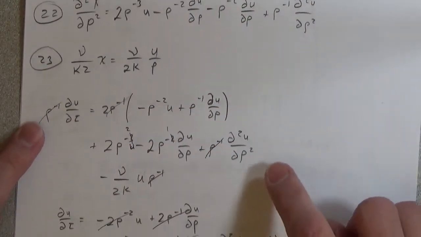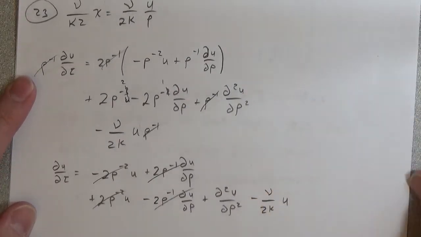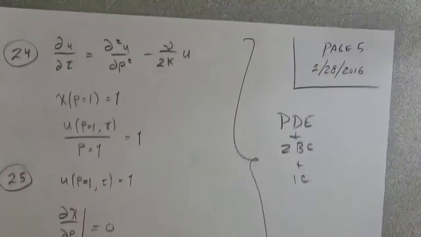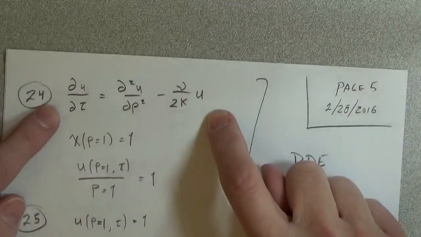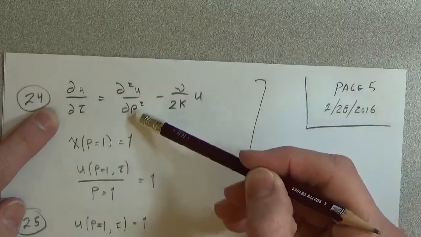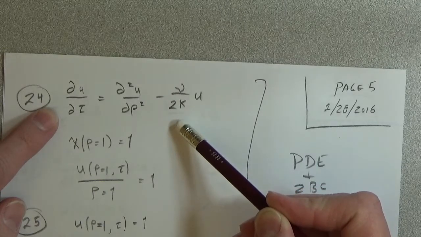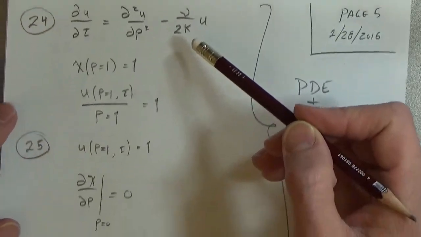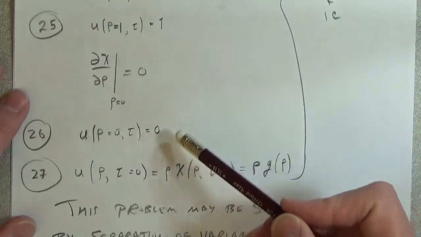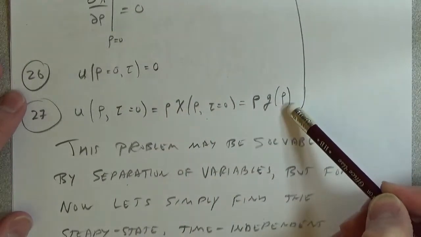Substituting in, we get a bunch of cancellation, we get a bunch more cancellation, and when we do that, we wind up with this differential equation. Again, it's the same as we had before, except that now we have a different form for the last term on the right-hand side. The boundary condition, this one holds the same. This one holds the same. And we still have the same initial condition.